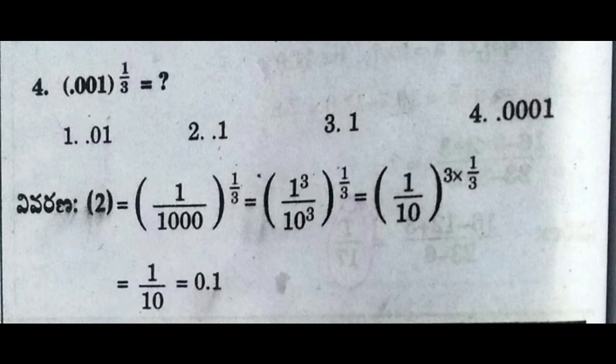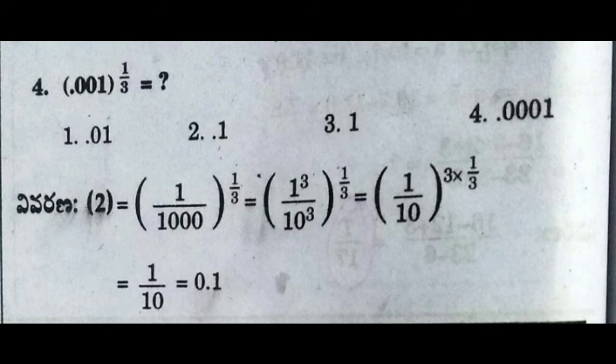Fourth one, solve (0.001) power 1 by 3. The options are 1) 0.01, 2) 0.1, 3) 1, 4) 0.0001. Solution: the value is 0.001.